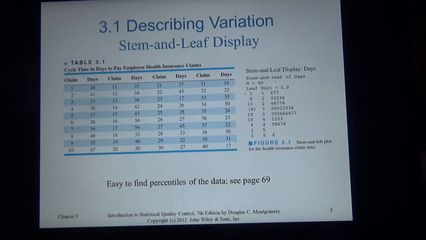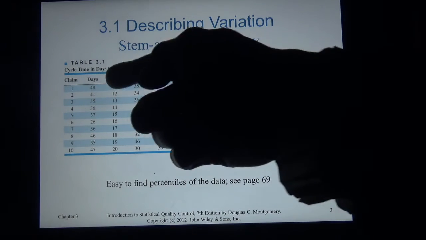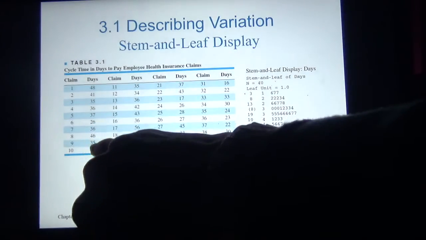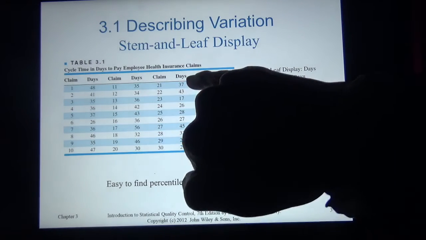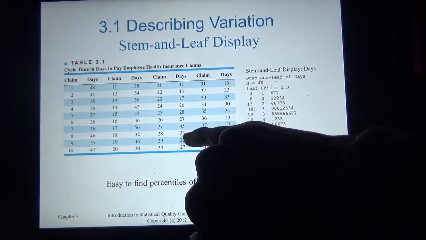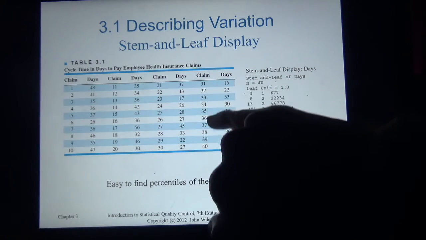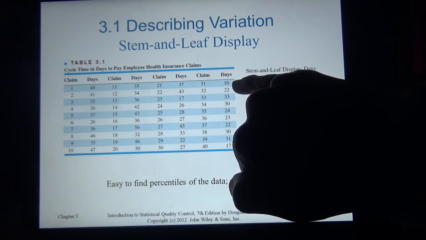Let's take a close look at the values. What is the least number that we come across? I see here 26. Anything less than 26? Yes, there's 17. Anything less than 17? Yes, there's 16.